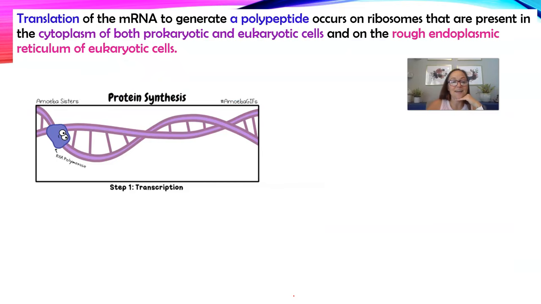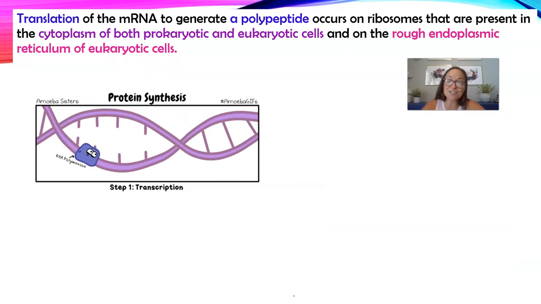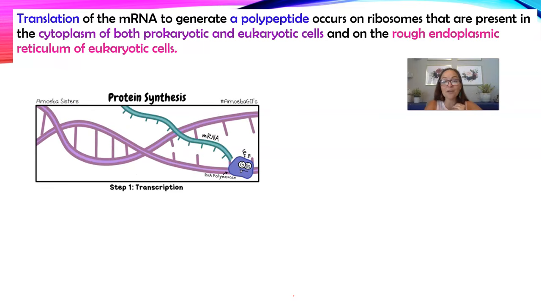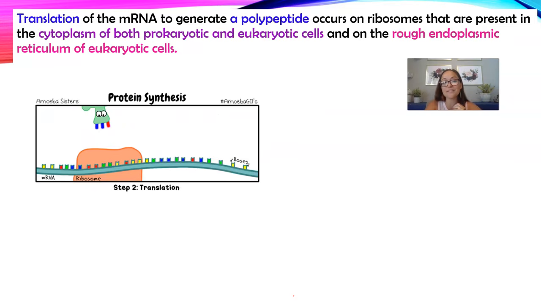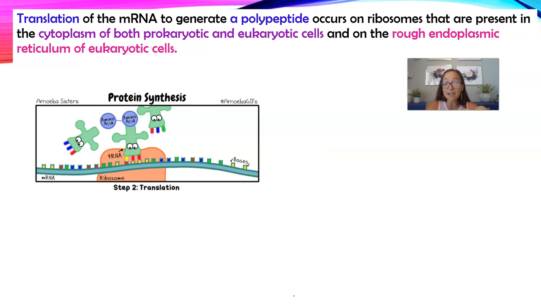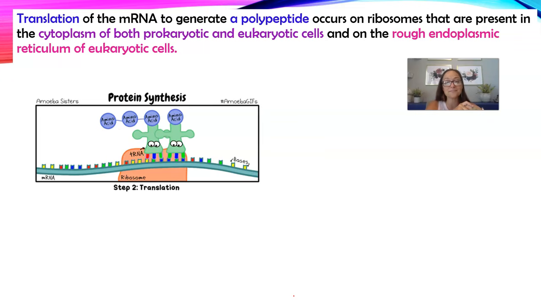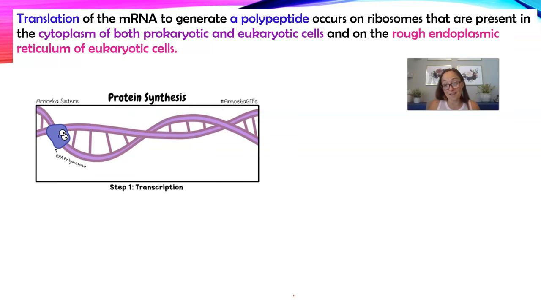Okay. So translation now of the mRNA to generate a polypeptide occurs on ribosomes that are present in the cytoplasm of both prokaryotic and eukaryotic cells. So all cells have ribosomes. However, it's only eukaryotic cells that also have ribosomes on the rough ER.